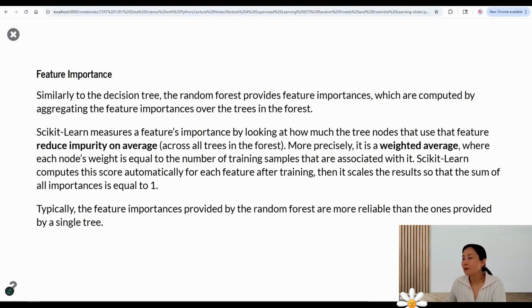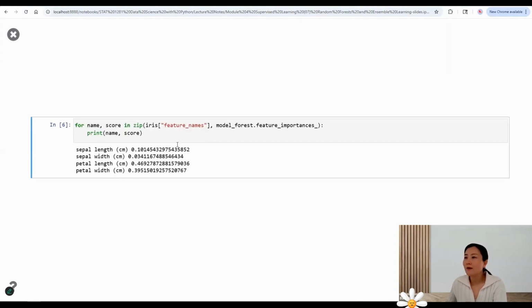It's also able to evaluate the feature importance. Now it's more balanced, because we have a collection of decision trees. And because of the randomness of the decision trees in the random forest, you see higher importance for the first two features.